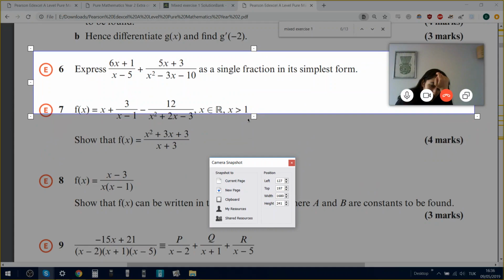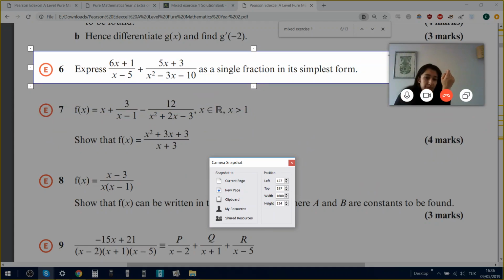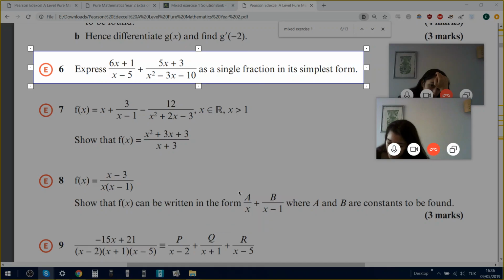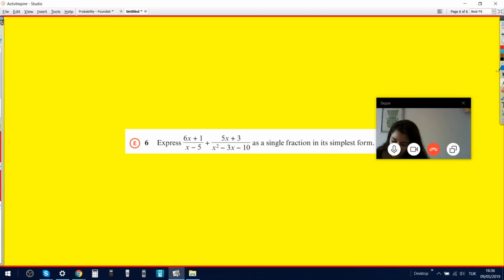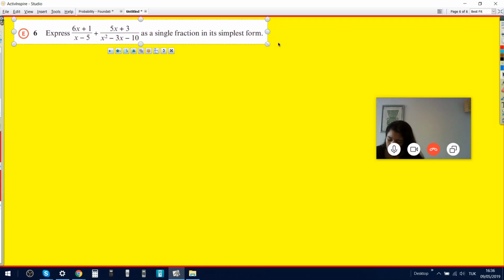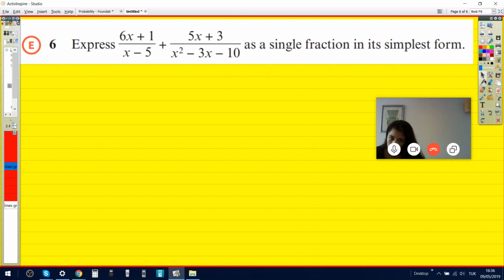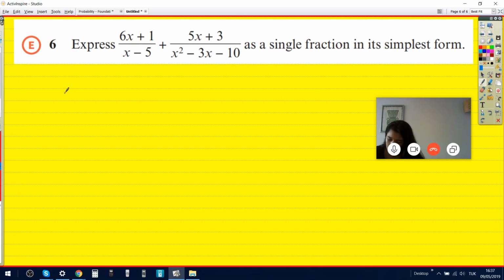What do you get when you factorize the second denominator? x minus 5 and x plus 2.